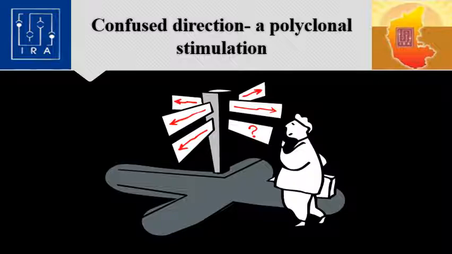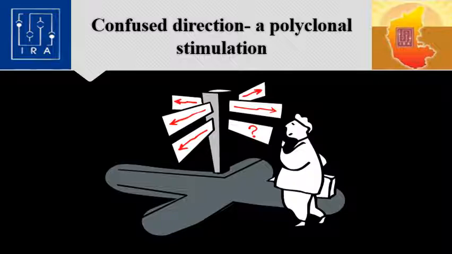When some viruses come and stimulate the immune system so badly, it can release antibodies against most of the proteins, which may even exclude the virus itself. This we call polyclonal stimulation, as if it just throws out everything as antibodies.